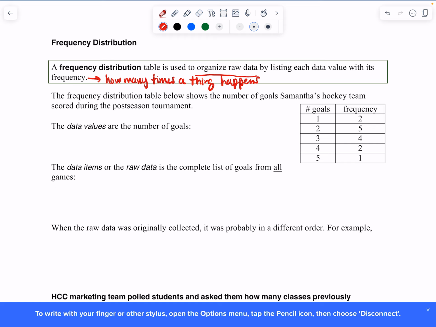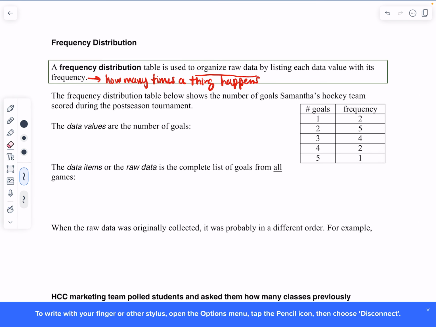Okay, the frequency distribution table below, so we're looking at this table right here. I'm just going to put a little highlighter on that. We're looking at the frequency distribution table that I just highlighted, and it shows the number of goals Samantha's hockey team scored during the postseason tournament. The data values are the number of goals.